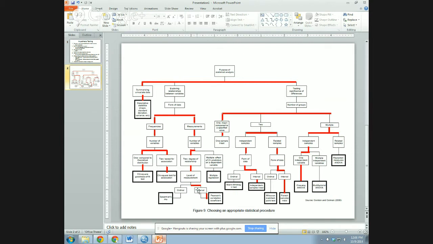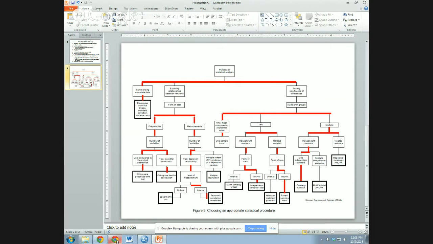If the research question is asking us to look at the significance of differences, to test whether there are differences and how different they are, whether they are significantly different, we then move to this branch of the tree.